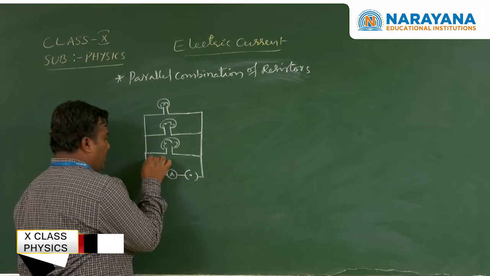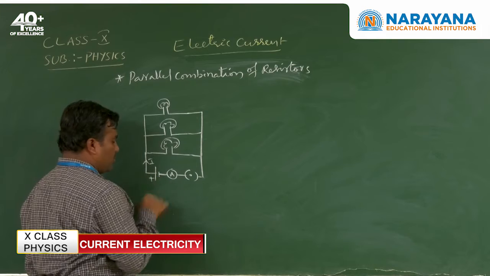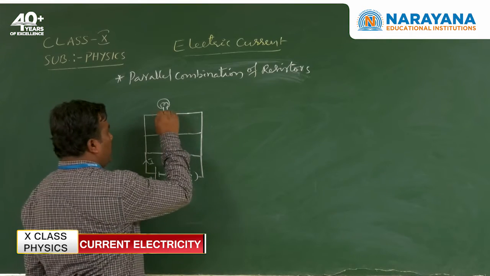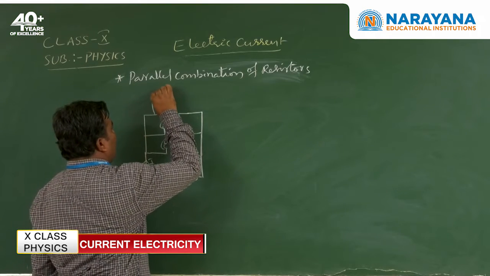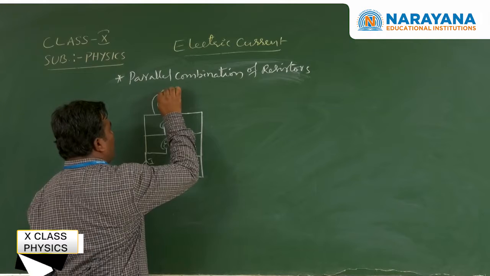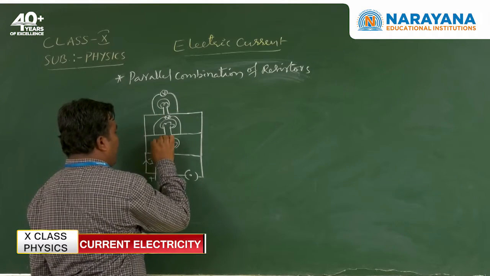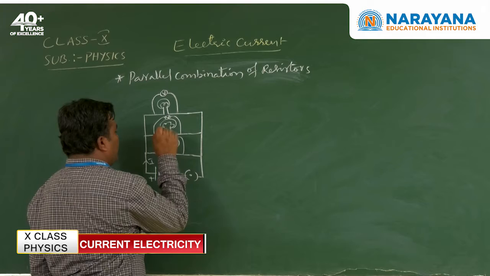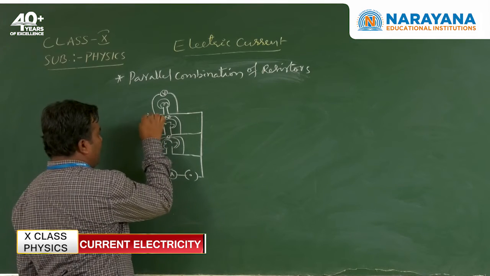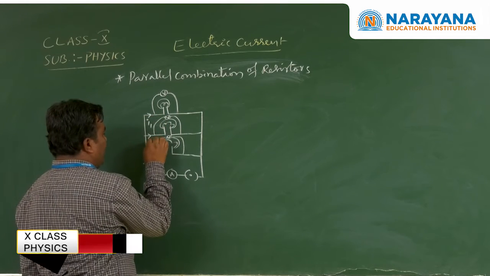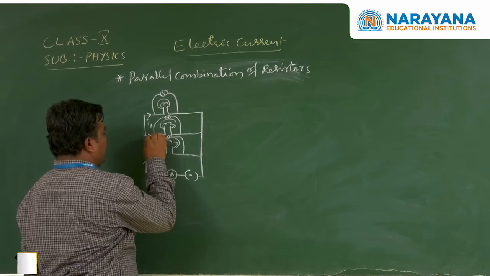Current flows from the positive terminal to the bulbs. The potential of the battery is common, but the flow of current in each branch is different: I1, I2 and I3.